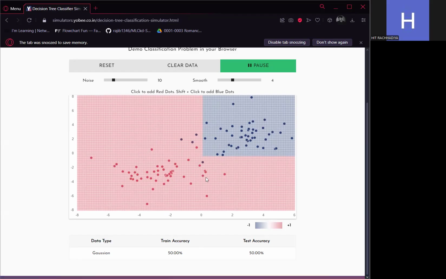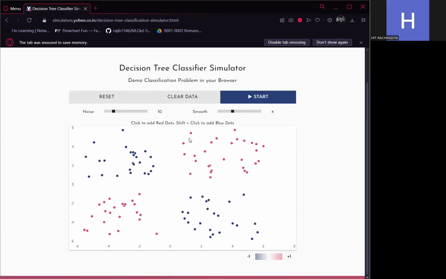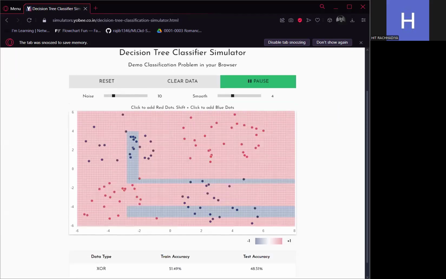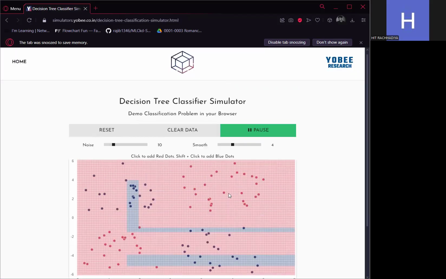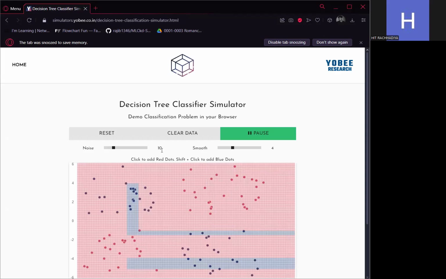The data points given are of a Gaussian type. We can also use different types of data, like when we reset, it will give us the XOR data type. So this will lead us to different types of classifications. Okay, so this is all about the decision tree classifier simulator.